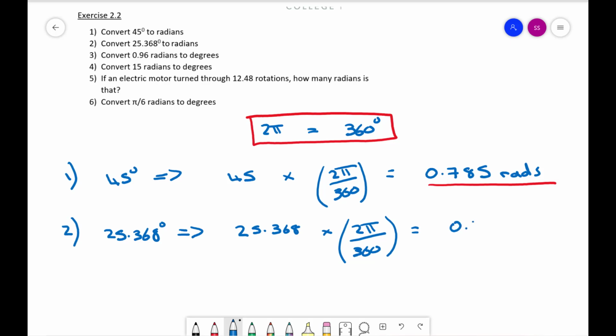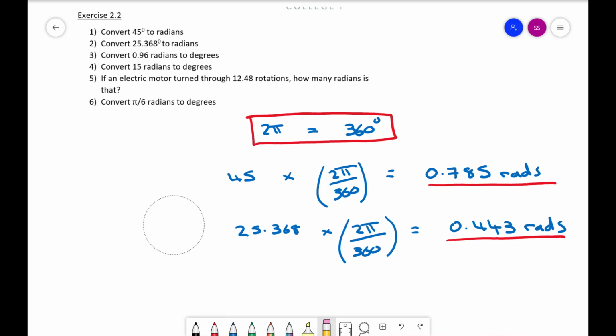So this one gives me 0.443 radians. So there is my answer to number 2. And that's just doing conversions from degrees to radians, where we multiply by 2 pi over 360. Okay, let's check out the next couple.